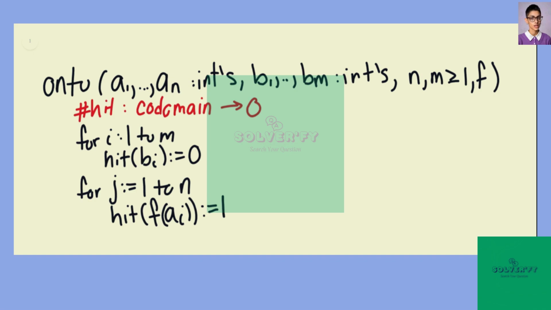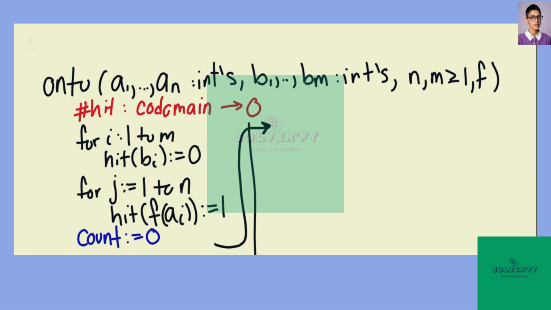So we'll introduce a new variable here, count, to be a little counter, and we'll initially set it equal to 0. And then continue on the right here rather than start a new page.